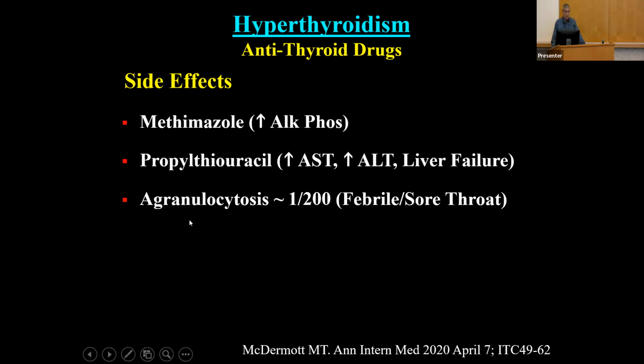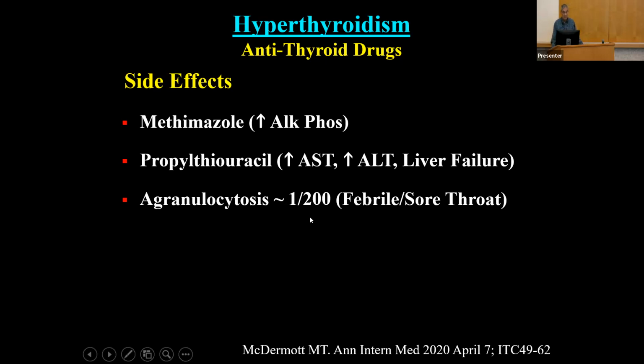Agranulocytosis is the thing we worry about most. It occurs in 1 out of every 200 people that take these medications. The way it presents is people get a high fever and a sore throat. It can't be predicted. You can't get a CBC and predict that, so we don't monitor the CBC. We tell people, if you get a fever, if you get a sore throat, you need to come in and get a blood test.